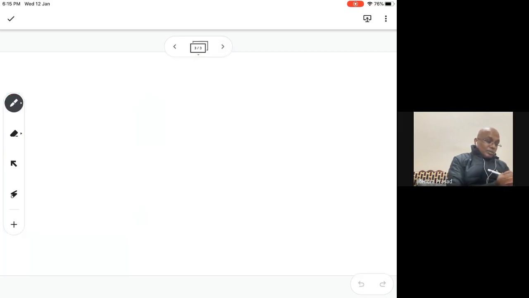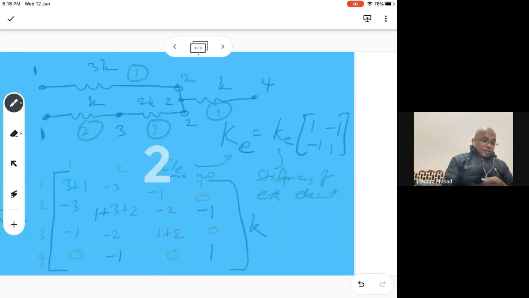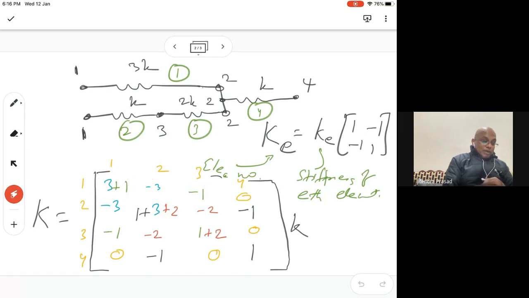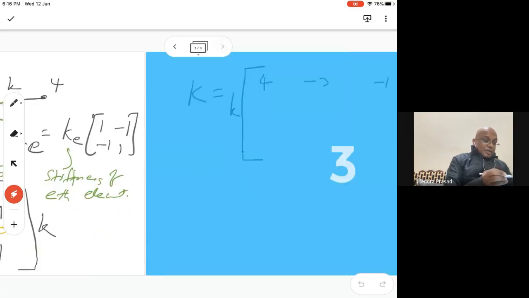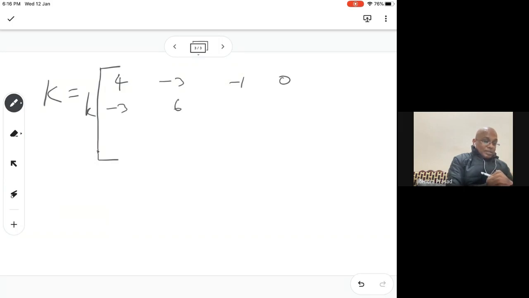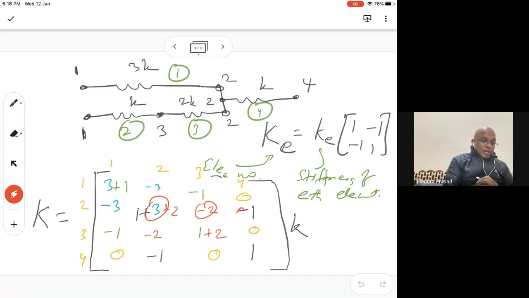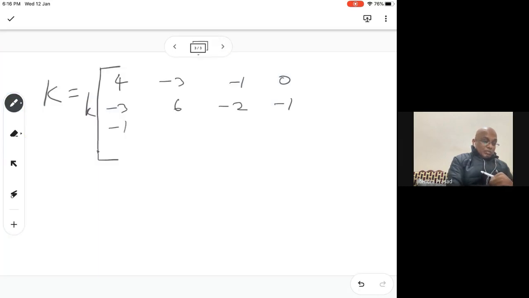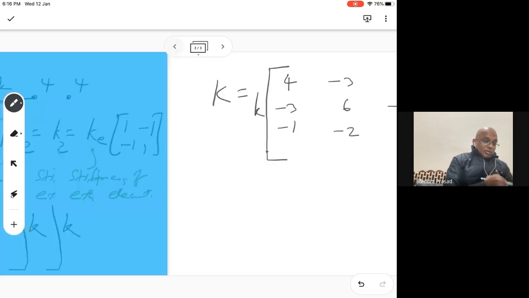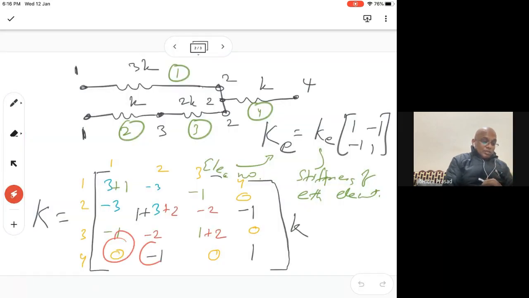So we write k equal to small k times the matrix: 4, minus 3, minus 1, 0; minus 3, 6, minus 2, minus 1; minus 1, minus 2, 3, 0; and then 0, minus 1, 0, 1.